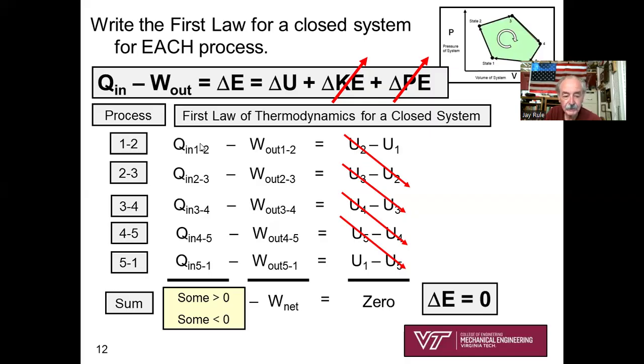So I'm going to call this Q net from 1 to 2 minus the work out from 1 to 2 equals delta U, that's U2 minus U1. And I'm going to do it again for process 2 to 3. So this time I've got Q net from 2 to 3 minus W out from 2 to 3 equals delta U. Well, this time it's U3 minus U2, and on and on and on. I'm sure you're glad I'm not going to read all 5 processes to you like that.